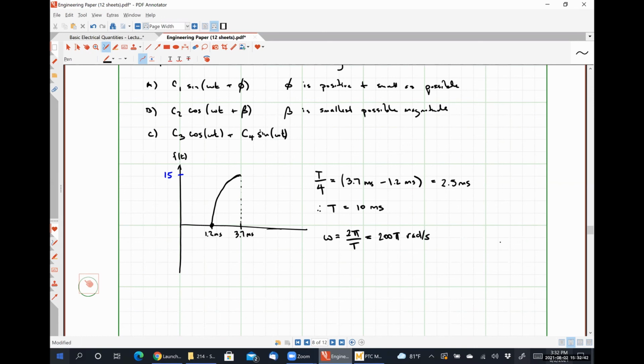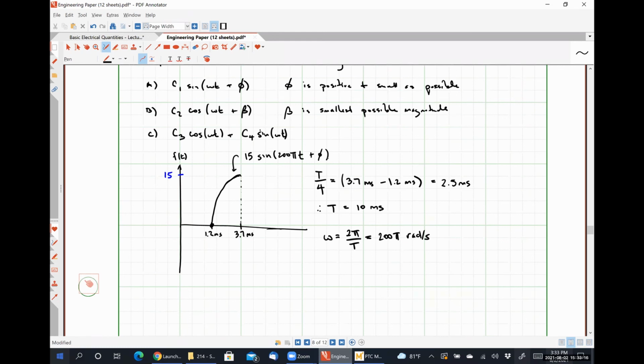So when we consider this sine function, which we know, let me write this down to be 15 sine 200 pi t plus some phase angle phi, should phi be positive or negative here? I would say positive. So it will be negative because it's time shifted to the right.